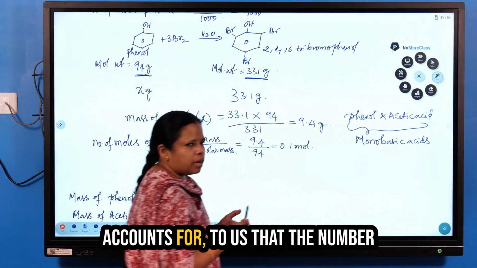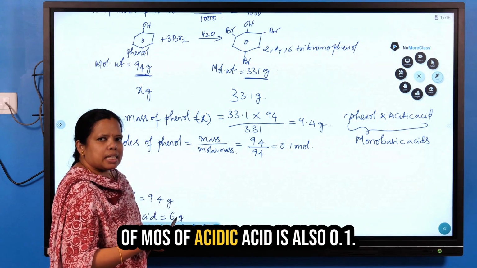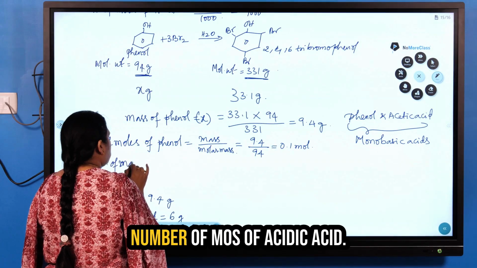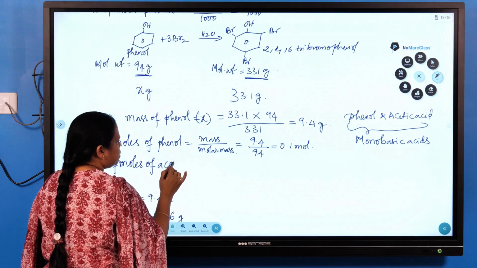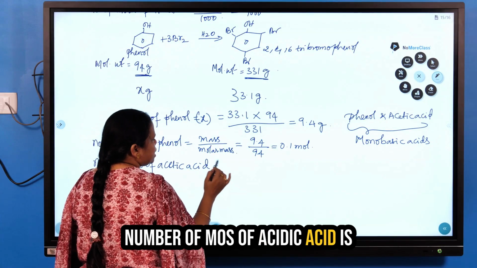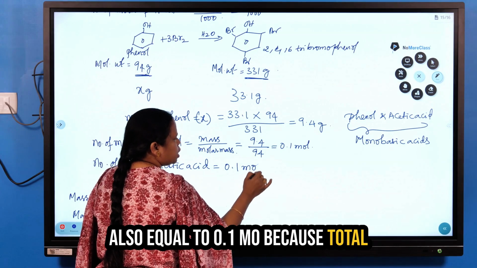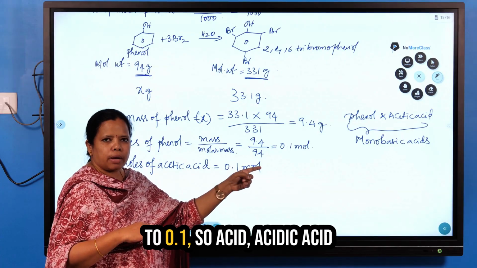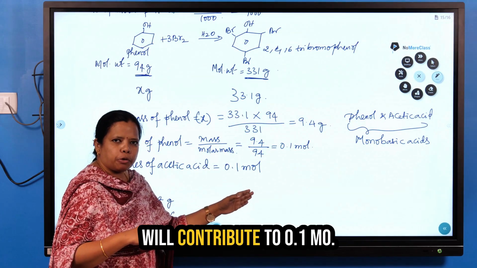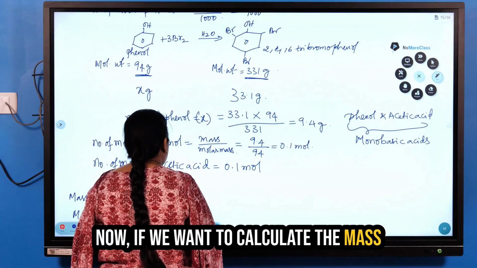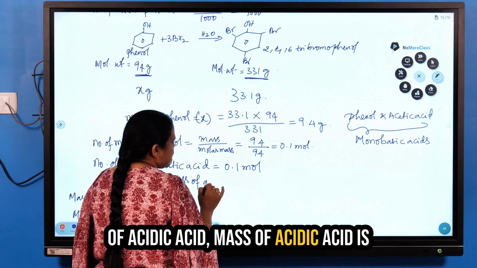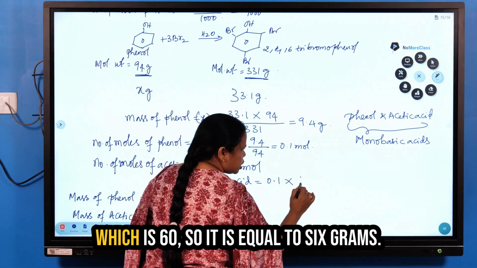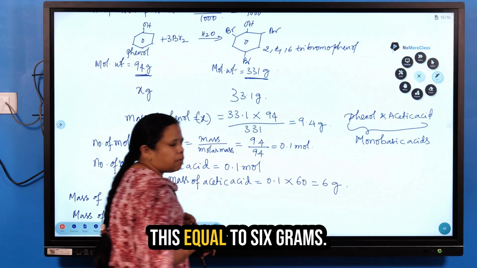So automatically the number of moles of acetic acid is also 0.1 mole, because the total number of moles of base reacted is 0.2 and phenol is already contributing 0.1. Now the mass of acetic acid is the number of moles, 0.1, into its molar mass, which is 60. So it is equal to 6 grams.